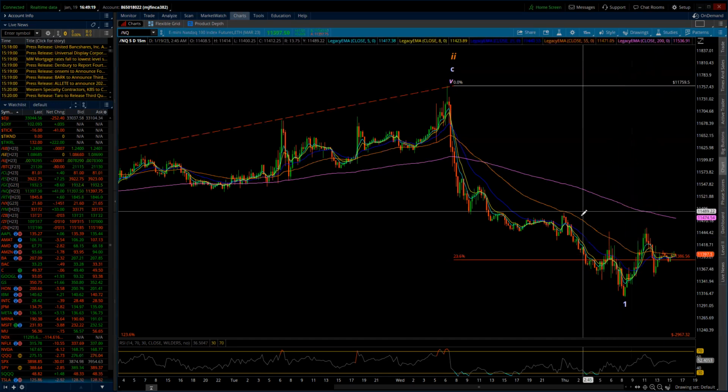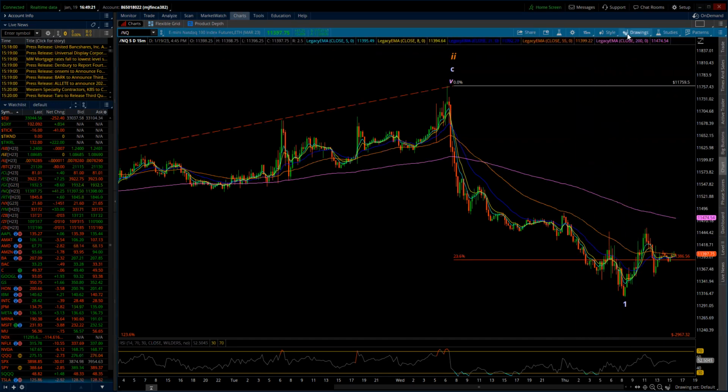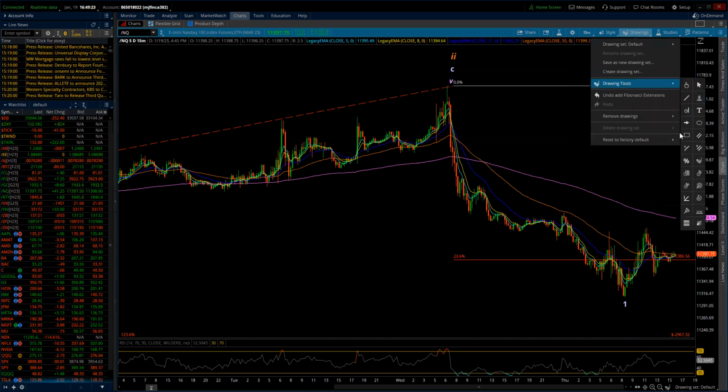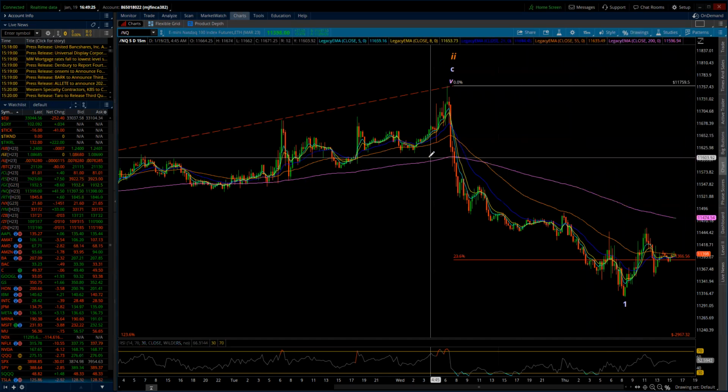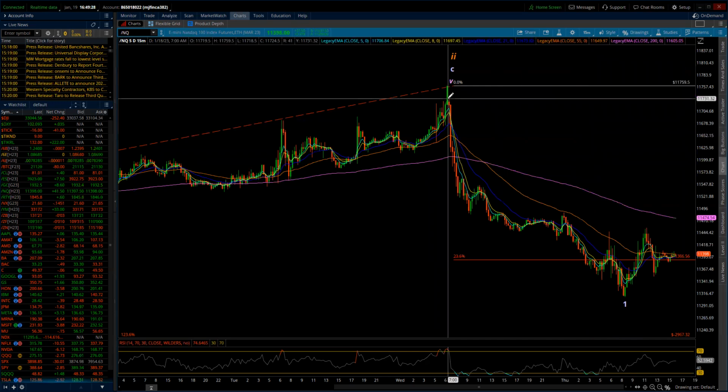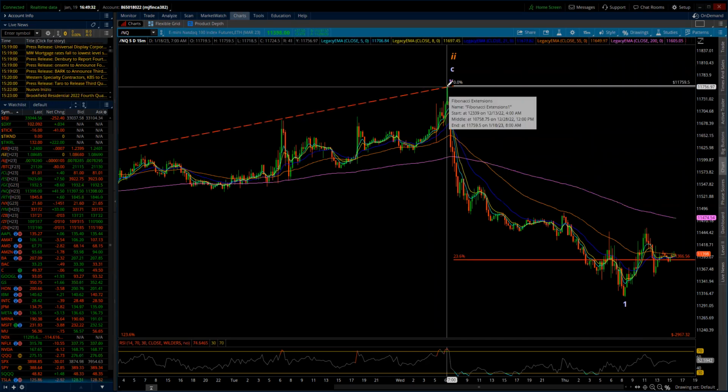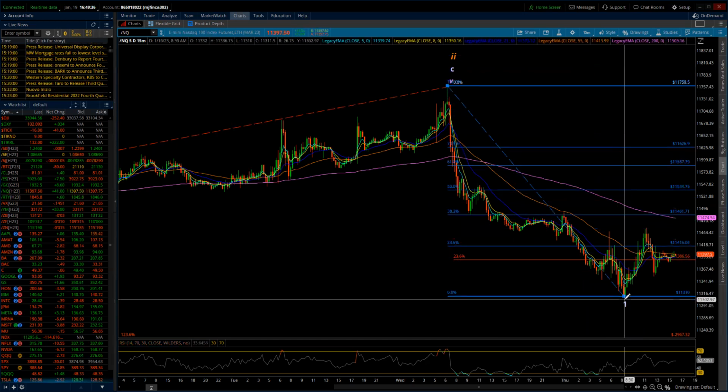Now, what I can do is put those in now, and we're going to use the 15-minute chart so I can get a cleaner view. We're going to be looking at the retracements. So I use Fibonacci retracements to get those retracements for a wave 2.